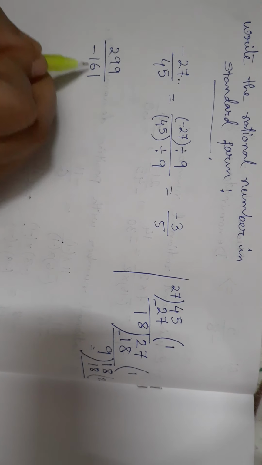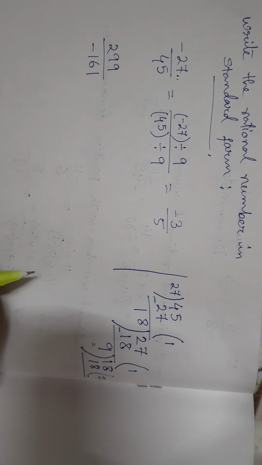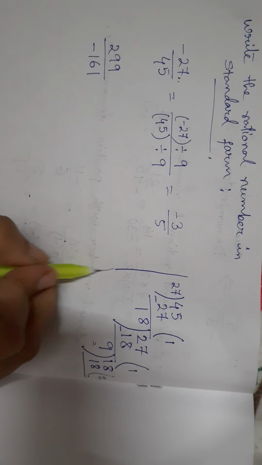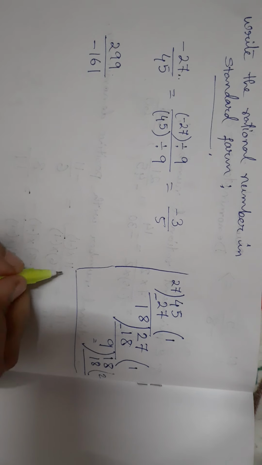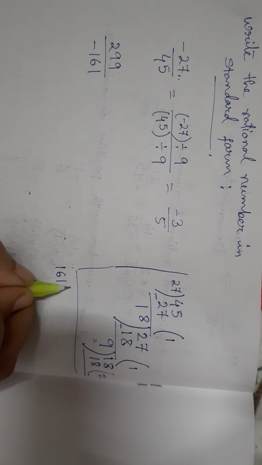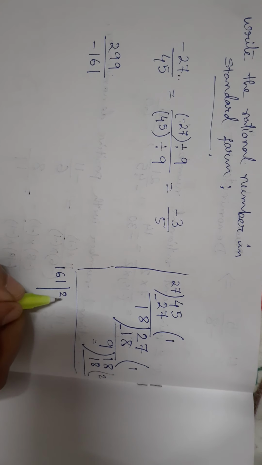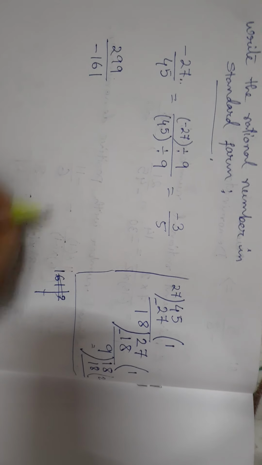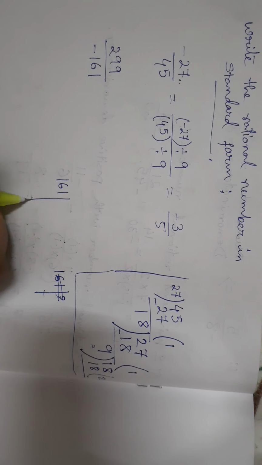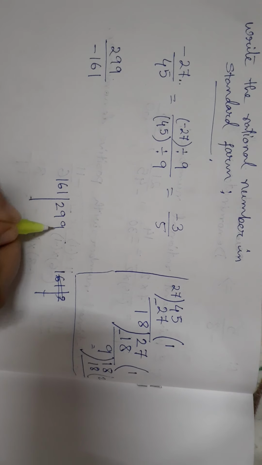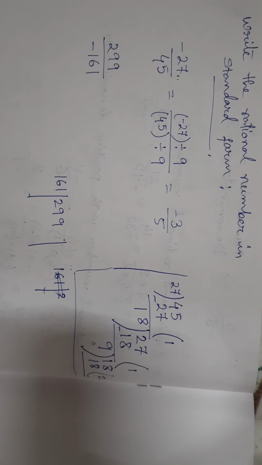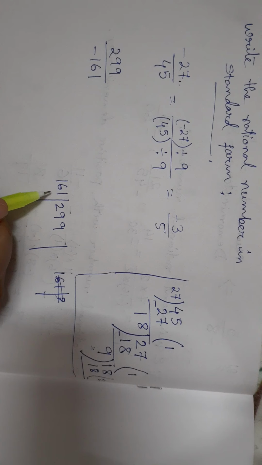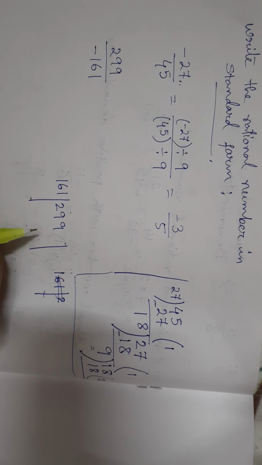Next, one more example I gave here, that is 299 by 161. Here you can see that your numerator is greater than the denominator, so no problem. I will use these two numbers to find the HCF. So better I do it here. We are dividing 299 by 161. 161 into 2, how much will it be? Let's see.